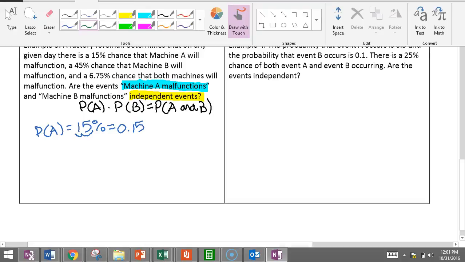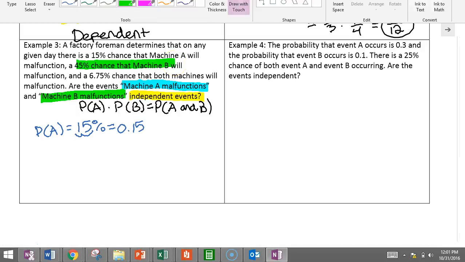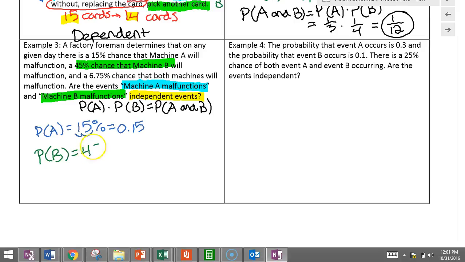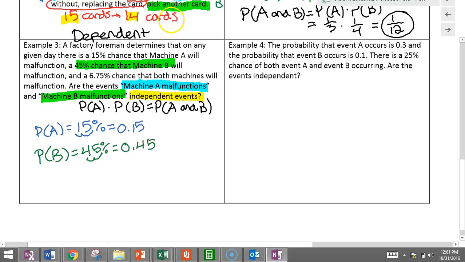The probability of B, well, event B is machine B malfunctions, and there's a 45% chance that machine B will malfunction. So the probability of B equals 45%, which is 0.45. Again, moving that decimal place back twice. And so then the probability of A and B, again, this is what it tells us.